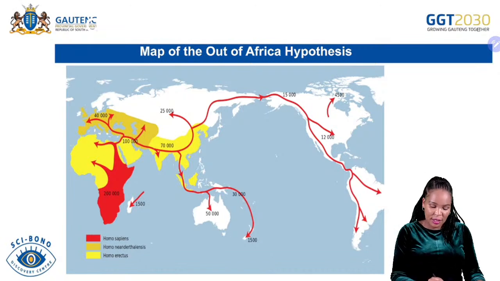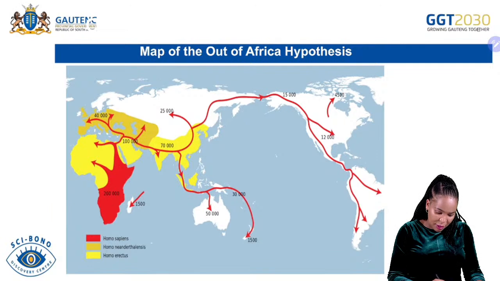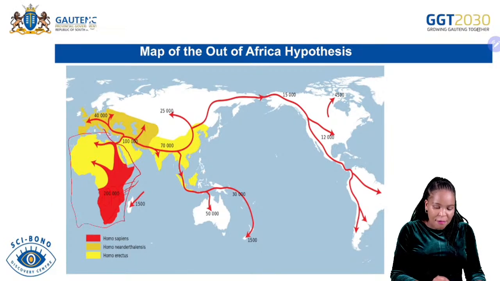When you take a look at this, this is now us trying to use the information to support the out of Africa hypothesis. When you take a look at this diagram here, I'm writing with red, you can't see, but here, this is the continent, Africa. They say that these organisms first, or the modern humans, were found here.